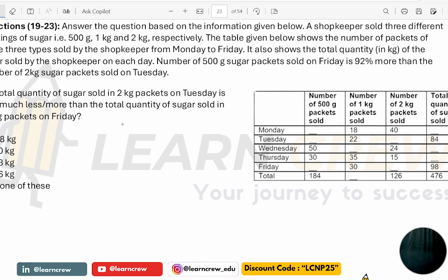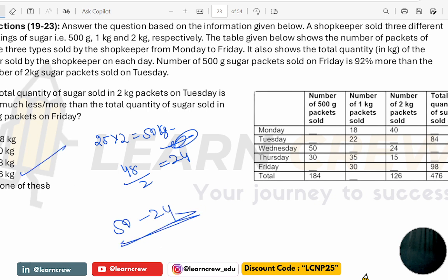Next, total quantity of sugar sold in 2 kg packets on Tuesday is how much? 25 packets into 2, which is 50 kg. 50 kg is what percentage of the total quantity of sugar sold in 500 gram packets on Friday? 500 gram packets on Friday is 48 by 2, half, which is 24. 50 is what percentage more? 50 minus 24, what is the answer? 26 is the answer.